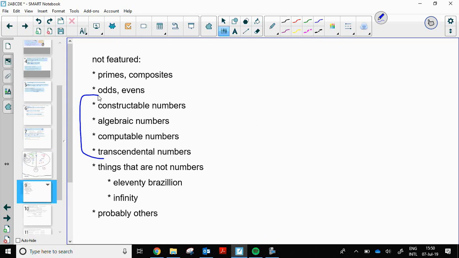And then we have, of course, things that are just not numbers, such as this made-up thing here. And I include infinity very intentionally because infinity is not a number, and we need to correct anybody who pretends that it is. Also, 2 slides back, you saw 1 divided by 0 as an example of something that could not be put on the number line.